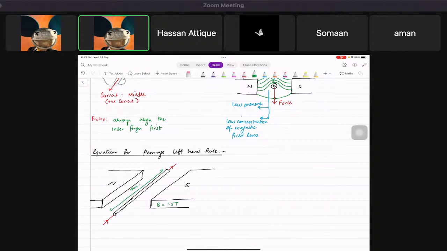And that's basically when we make the magnetic field, you guys need to remember this: the magnetic field is 90 degrees to the conductor, okay?